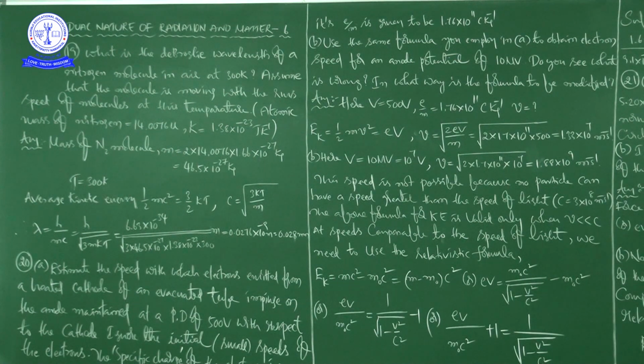Coulomb per kg, right? This is the e by m value they have given. The specific charge of an electron, that is, its e by m, is given to be 1.76 into 10 to the power of 11 coulomb per kg.